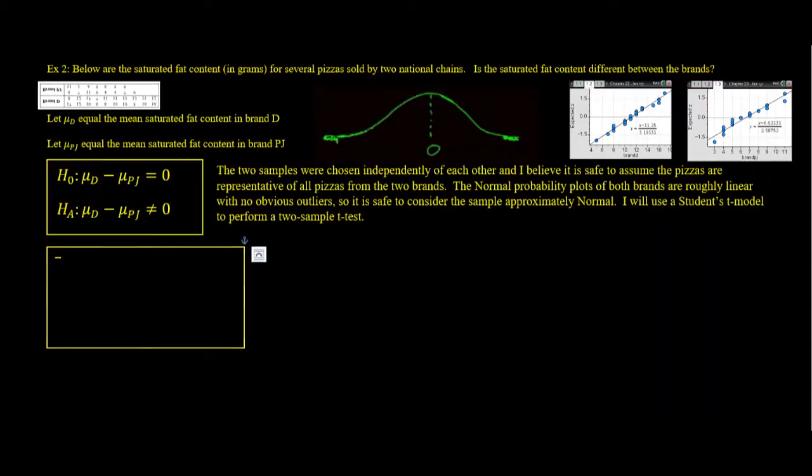So we're going to record all these statistics. X bar of D equals 11.25. X bar of PJ equals 6.53.